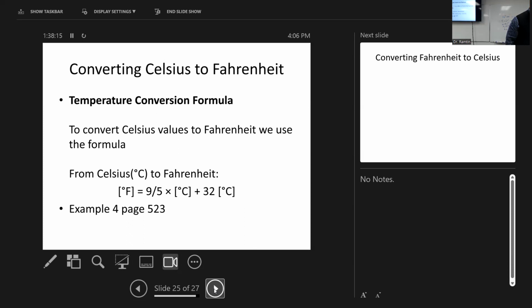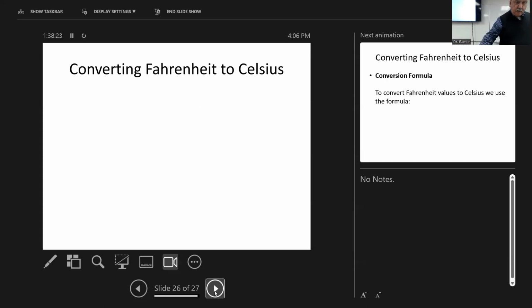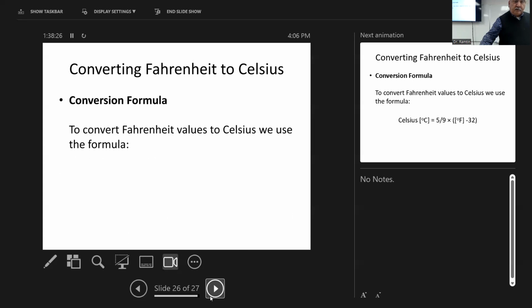All right. Converting from Fahrenheit to Celsius, again, the formula is right there, and the book also gives it to you.